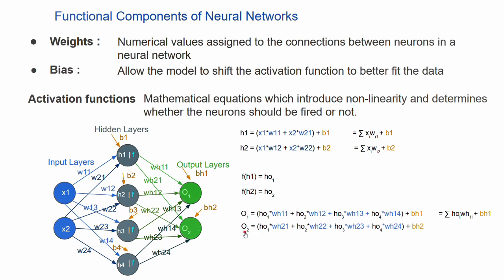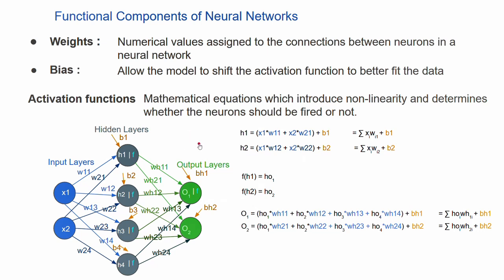So this is output 2, in summation format, and then again we need to implement the activation function in the output layers. Some common activation functions are tanh, sigmoid, softmax, ReLU.